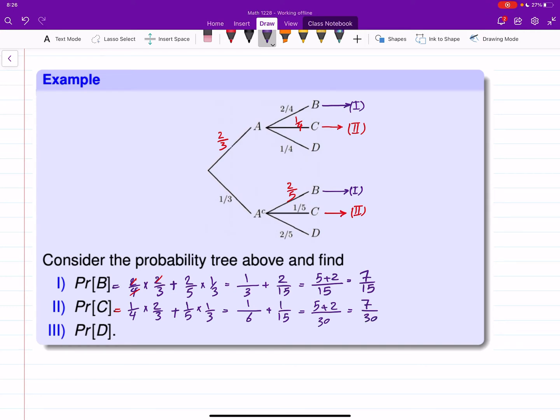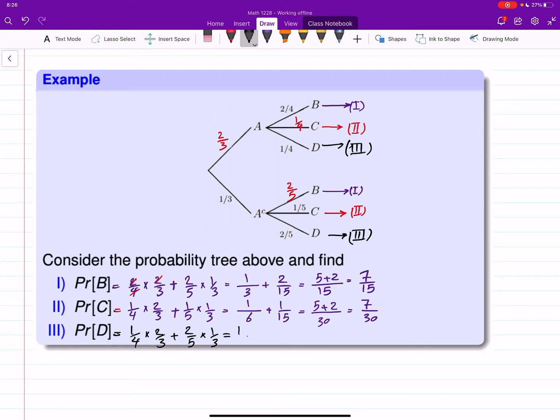And for D, you can do a similar thing. There are paths ending at D, and the probability of the first path is 1 over 4 times 2 over 3. The probability of the second one is 2 over 5 times 1 over 3. And then add up these ones.